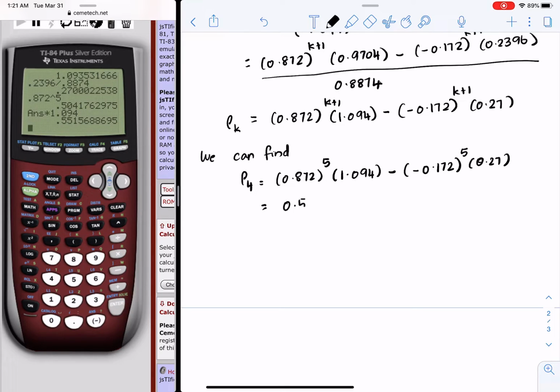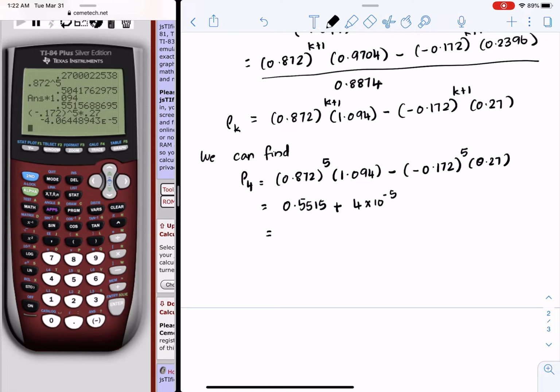That is 0.5515 minus 4 times 10 raised to negative 5 with a negative, so that becomes positive.